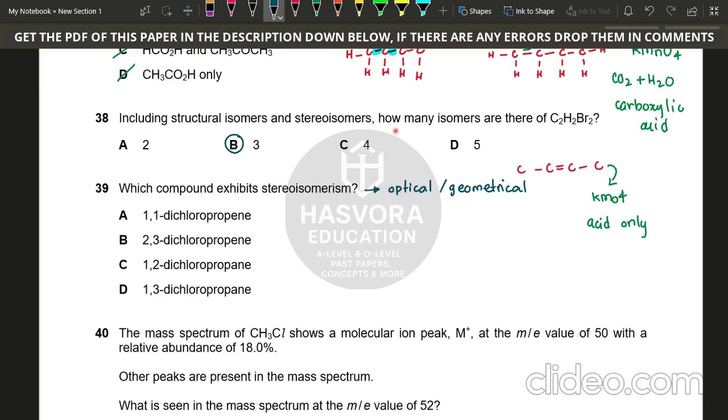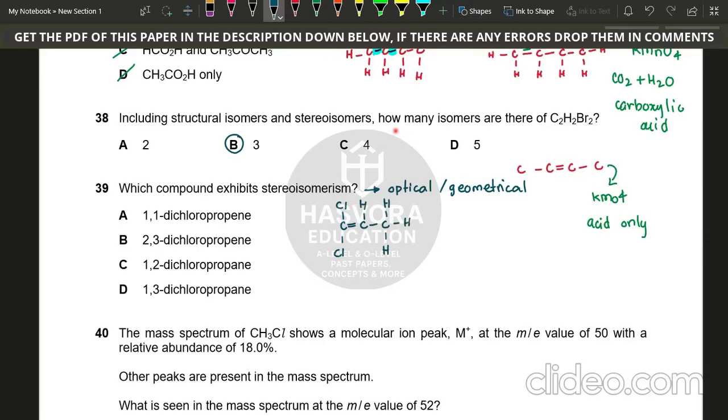So first of all they are saying 1,1-dichloropropene. Okay, so they have given you the alkene as well. So this means both are possible. So 1,1-dichloropropene, so it is propene and 1,1-dichloro. Okay, in this case you can see that we have a hydrogen here, and we also have a hydrogen and hydrogen and hydrogen.